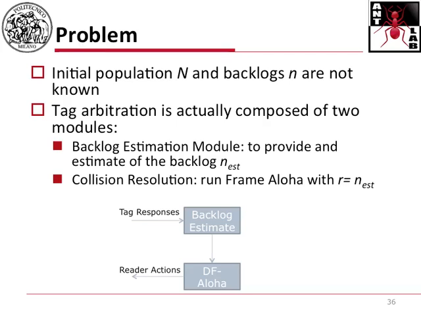The second building block is the so-called backlog estimate, which provides to the frame Aloha block the current estimate of the backlog, which is then used to properly set the frame size. So there are 2 building blocks which feed information to one another. Okay?